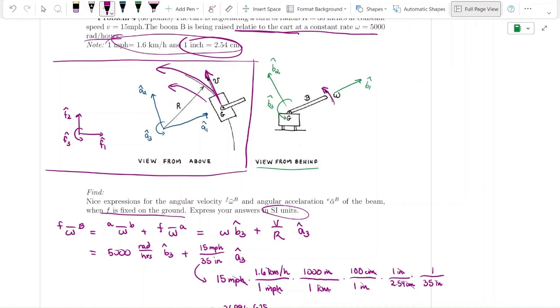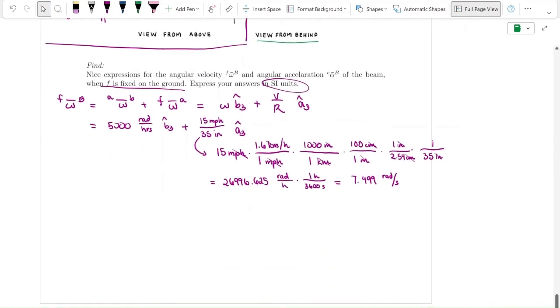Oh yeah, so we have eliminated the units of distance. So what's left is radians per hour. Okay, and let's convert now. 1 hour is 3600 seconds. So this becomes 7.499 radians per second. Okay, and then we are happy with that.